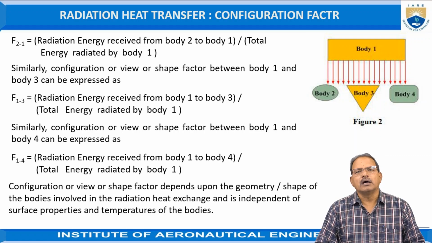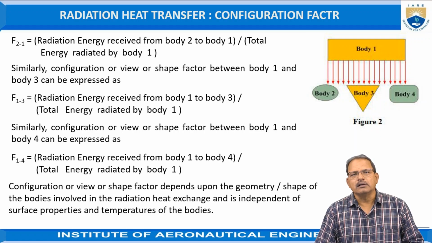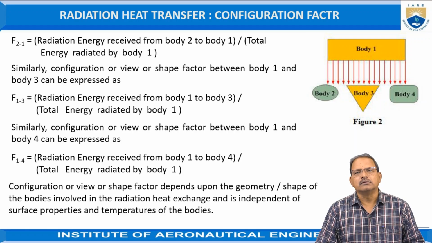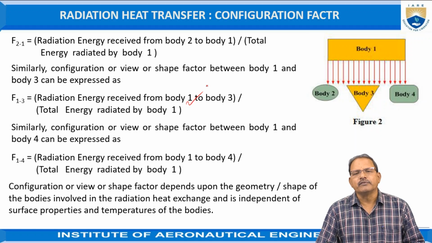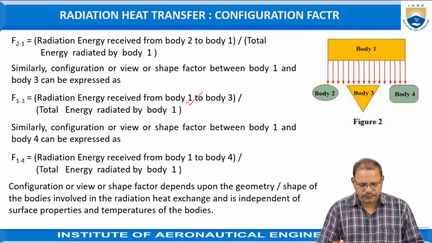Similarly, the view factor between bodies 1 and 3, having completed 1 and 2, is equal to the radiation energy received by body 3 from 1 to the total energy radiated by body 1. Similarly, F14 represents the fraction of energy received by body 4 to the total energy radiated from body 1.